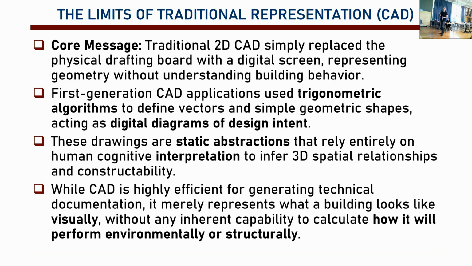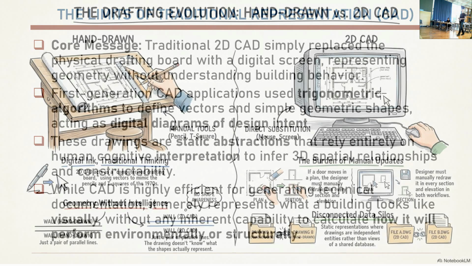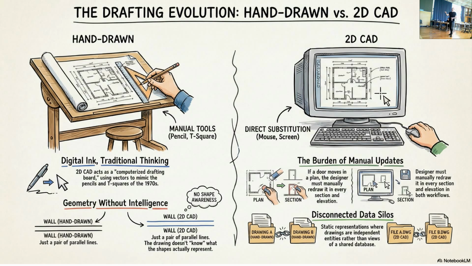CAD is efficient in creating technical documentation, but it has no capability to calculate how the buildings will perform. The performance in terms of environmental and structural aspects cannot be calculated with CAD.